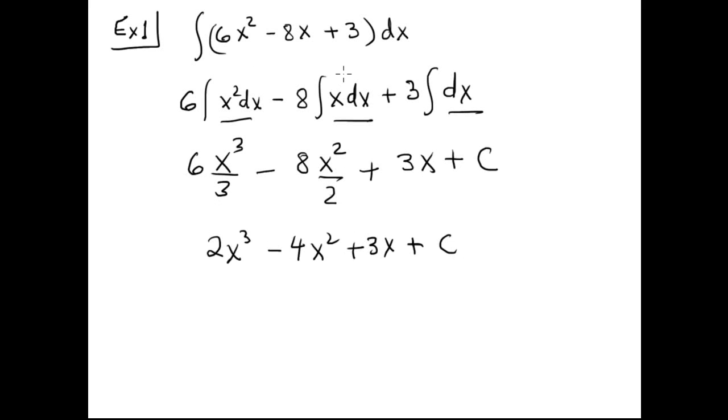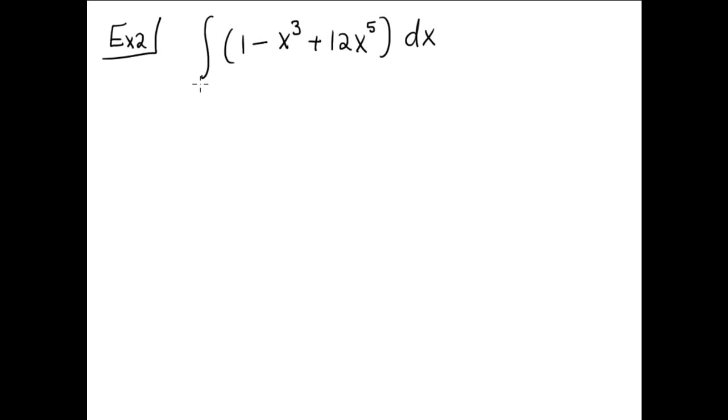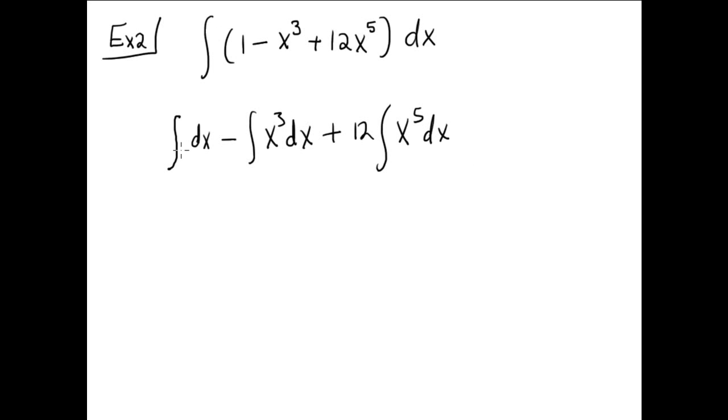of this original function. Okay, remember, antiderivative is a linear operator. So if it's a linear operator, we can separate. The first one is 1, it's just dx, minus integral x cubed dx, plus 12 outside, integral x to the 5th power dx. This is x minus, this is x to the 4 divided by 4.